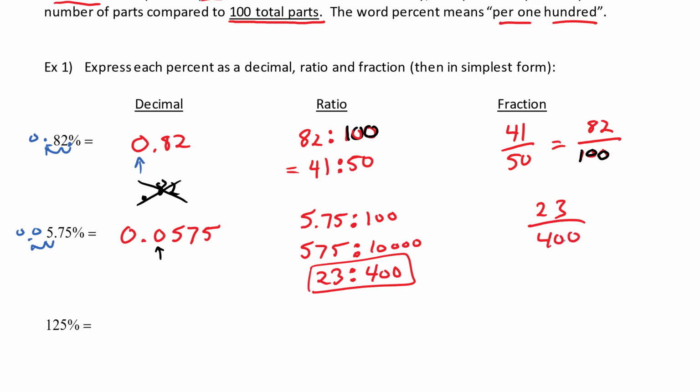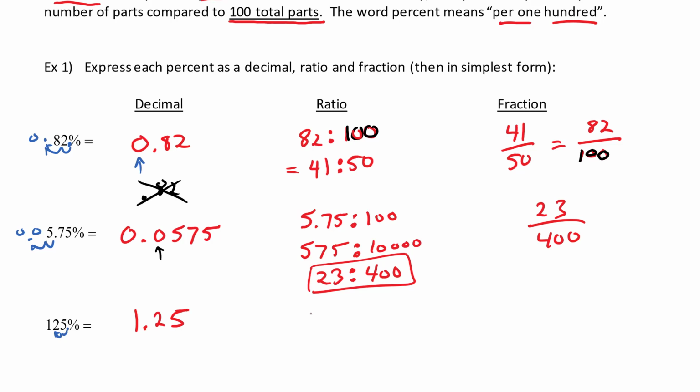Lastly now, we have 125%. This is greater than 100%. Therefore, there will be a whole number there. Same rules apply. Find the decimal, move it over 2 units, 1.25. Again, you can see there is a whole and there's a part.